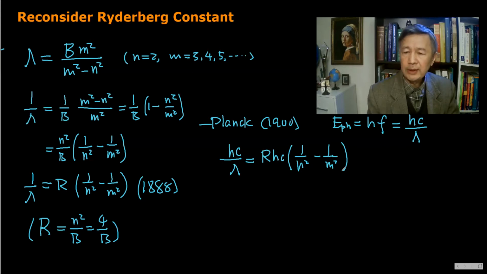Because in this equation the left-hand side represents the energy of a photon, the right-hand side must also represent the difference of a certain type of energy.